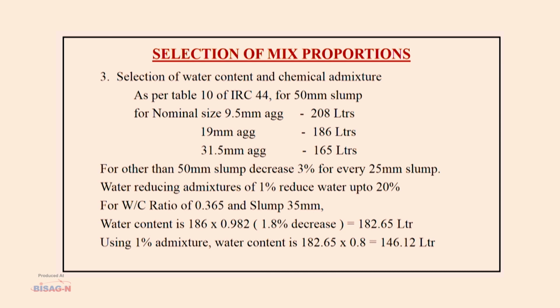So for this 35 mm slump, for every 25 mm slump 3% of water is to be reduced, and also water reducing admixtures 1% we are using, it will reduce the water up to 20%. So finally the water cement ratio comes to 0.360, and for slump 35 mm, water content is approximately 182.65 liters. Using 1% admixture, water content will be 146.1 liters per cubic meter.